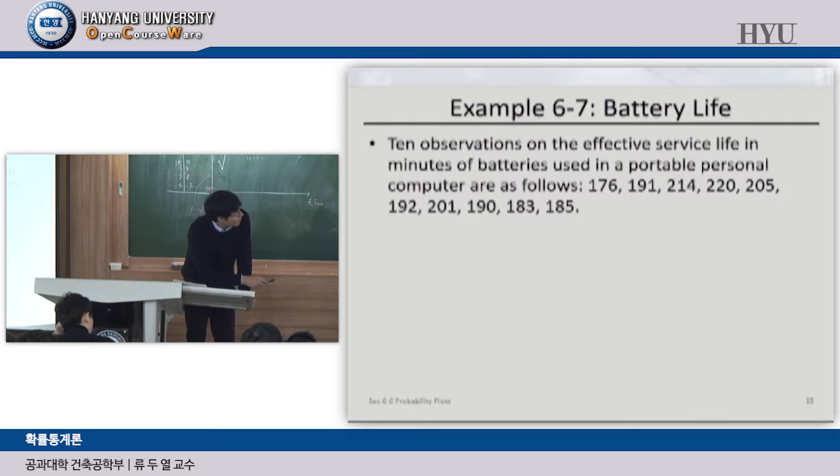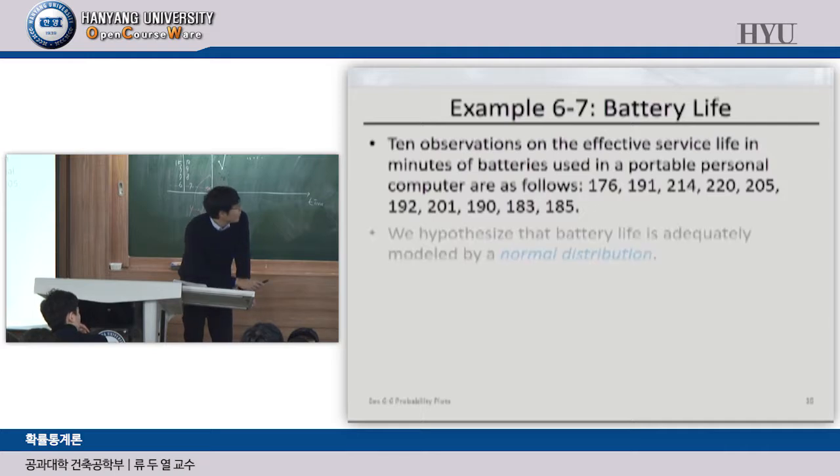In this case, the smallest value is 176 here, and the largest value is 220. And we have 10 observations, okay? For this case, we hypothesize that the battery life is adequately modeled by a normal distribution. That is the assumption, okay?